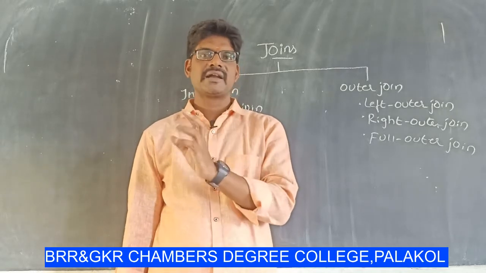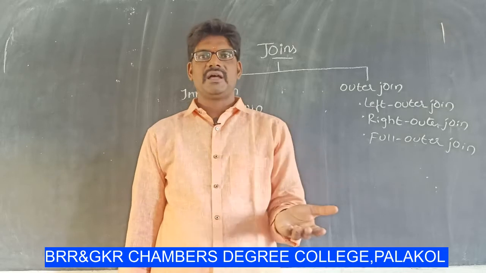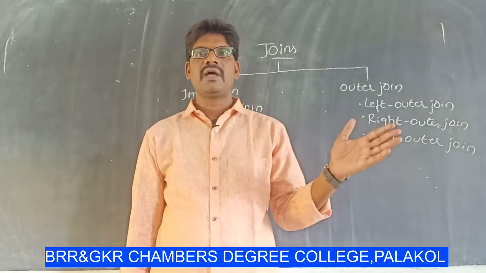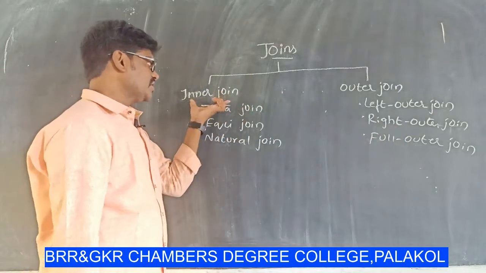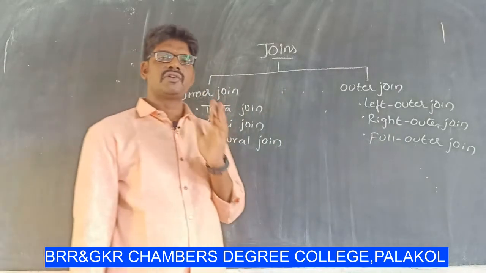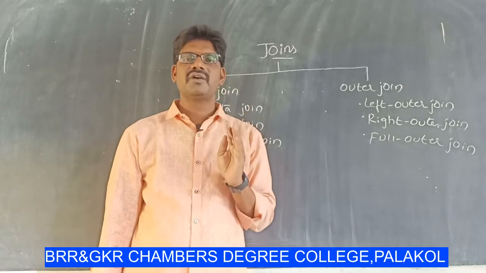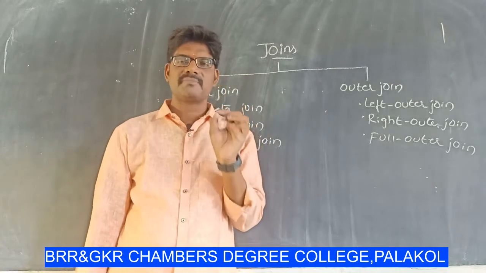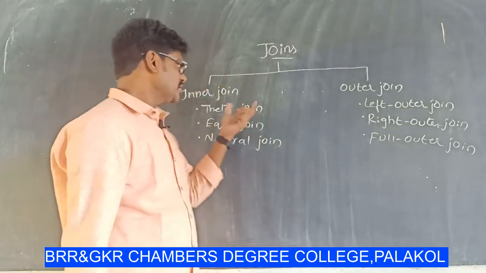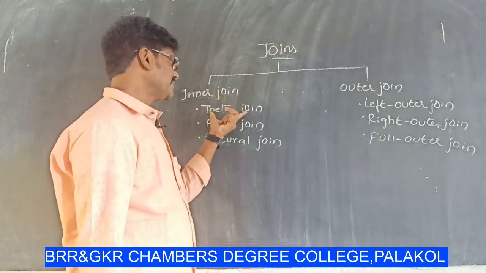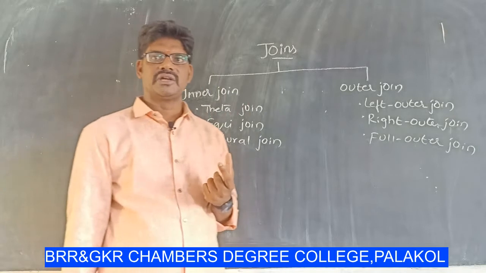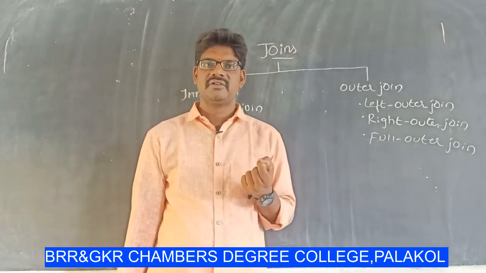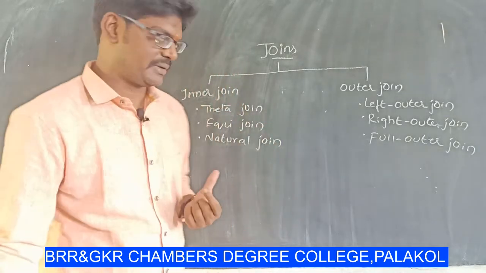Only the matching tuples are included; the rest we have to eliminate. That means the inner join must follow the criteria. What is the meaning of criteria? Condition. It is completely based upon the condition. So the inner joins are three types: theta join, equi join and natural join. Let us discuss each and every one.